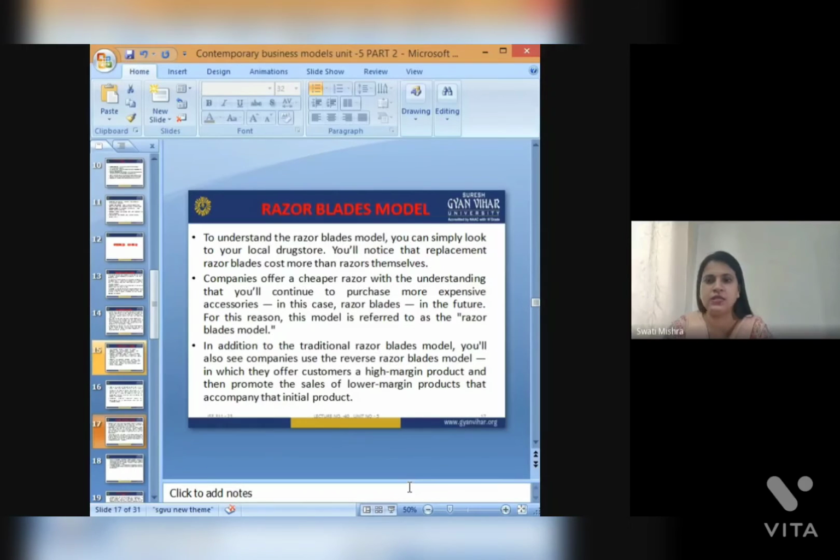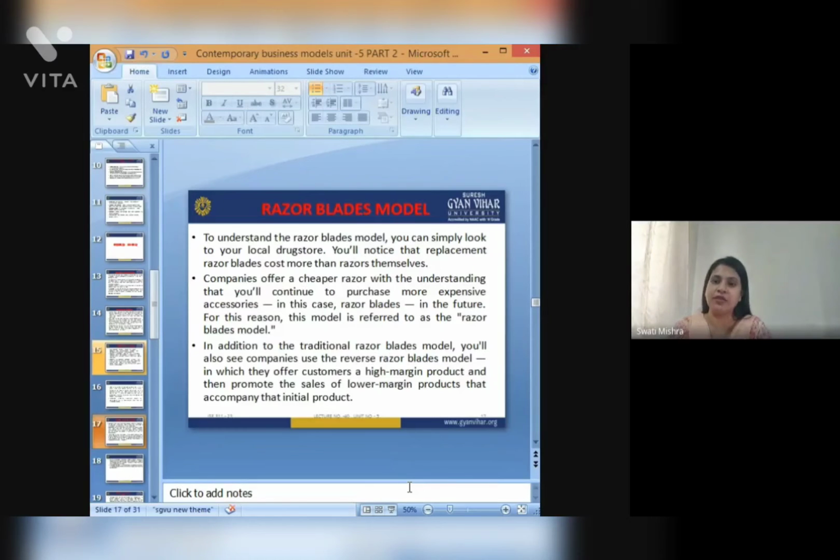To understand the razor blades model, you can simply look at a drugstore, where you bought a razor, and you will notice that the replacement razor blades always cost more than the razors themselves. And this is the razor blades model.